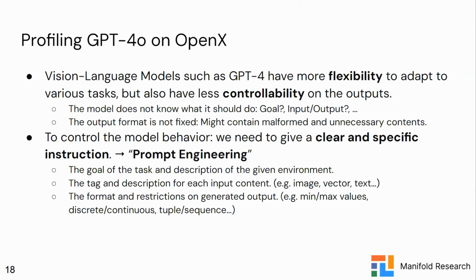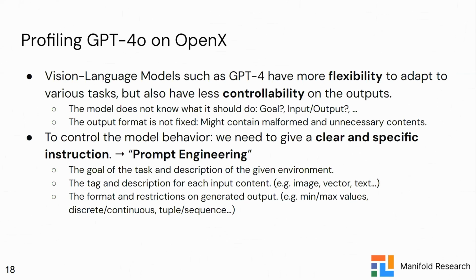But anyway, the model does not know what exactly it is doing, such as what the goal of the task is, or what the input and output represent. Also, the output format is not fixed because it just generates text responses. But we only want to get the structured action output, not some free-form language output.